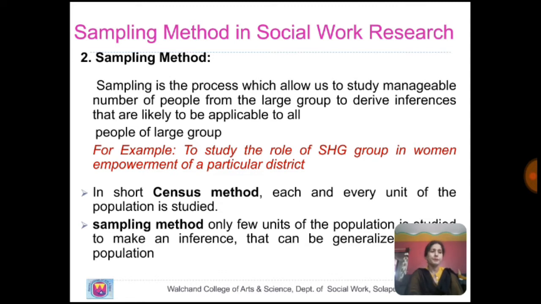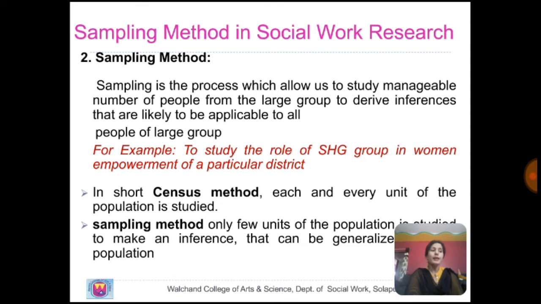For example, if we wish to study the role of self-help group in women empowerment of a particular district, all the women, those who are members of self-help group in that particular district form the universe, whereas the element of that universe would be talukas falling under that district in which the self-help groups are situated.